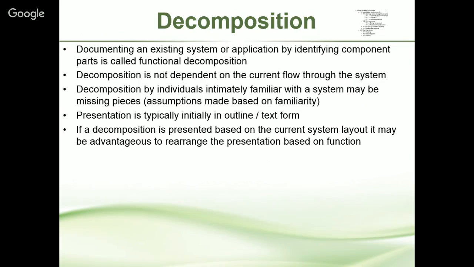Someone thought of this other neat thing that they could do, and they were in this screen when they did it, so you press a button on that screen, but the functionality really doesn't go along with that. So once you do the decomposition, you may want to rearrange it so the functionality is grouped in ways that are going to make it easier both to describe the current functionality and to look at potential new implementations by function.